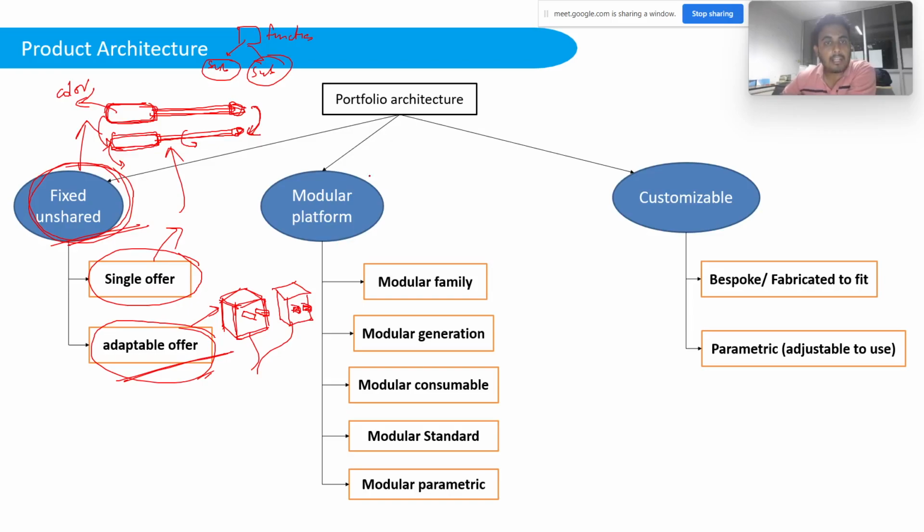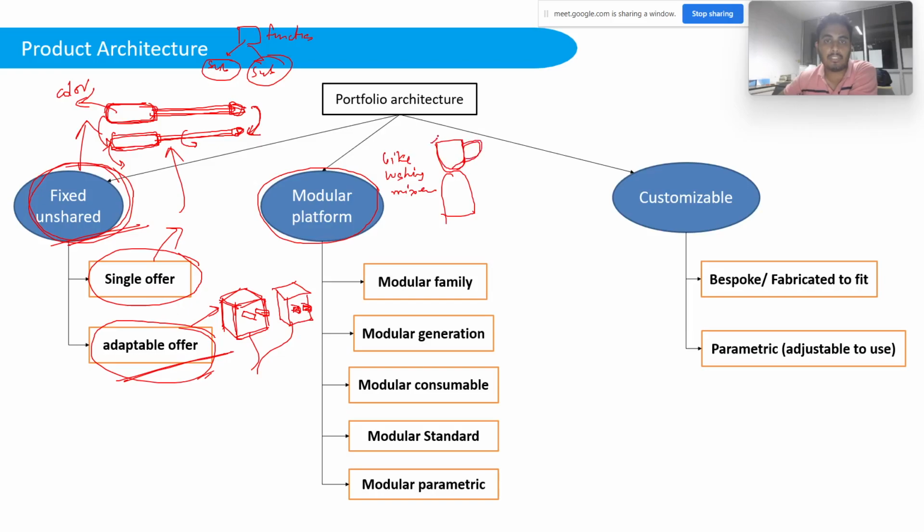The other category is the modular platforms. This is the most common form of product architecture which we have come to realize in the market. For example, if you consider anything like a bike, or a washing machine, mixer grinder, any product, they have something reusable. In case of a mixer grinder, you will see the vessels are reusable.